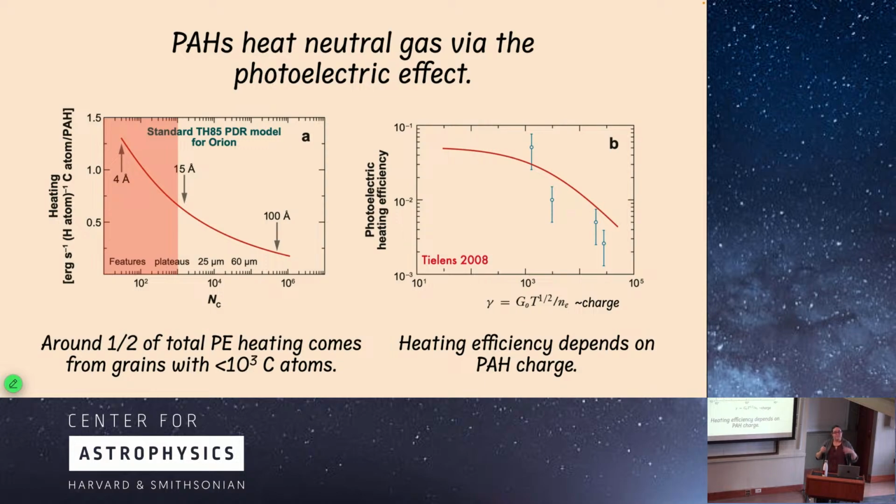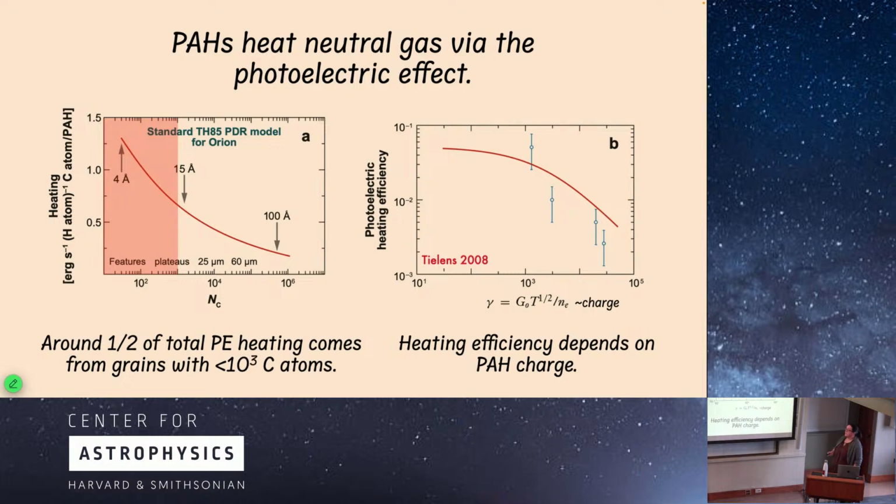PAHs, though, because they can become charged and have these different sizes, have a variable efficiency at producing photoelectrons. The smallest PAHs are the best at producing photoelectric heating, and that comes along with their surface area and how often they recombine with electrons.